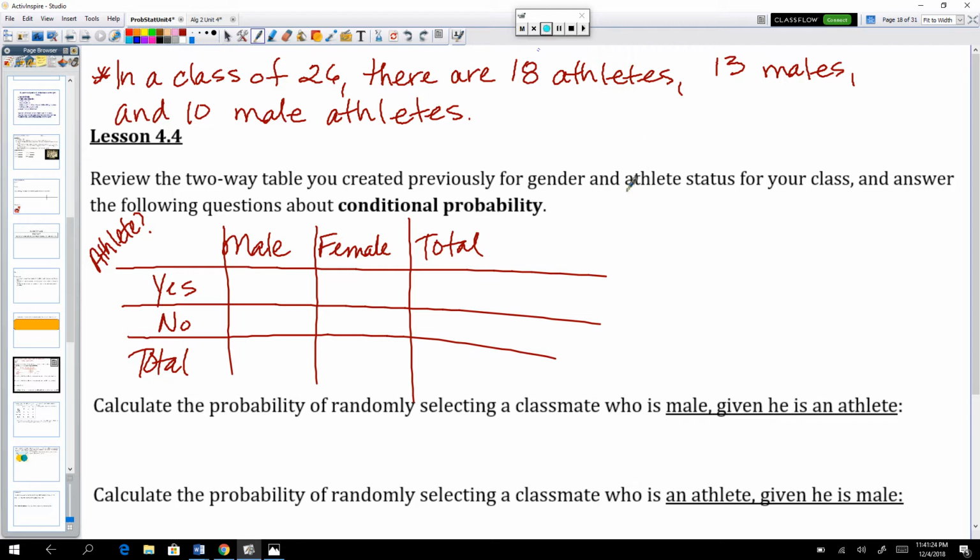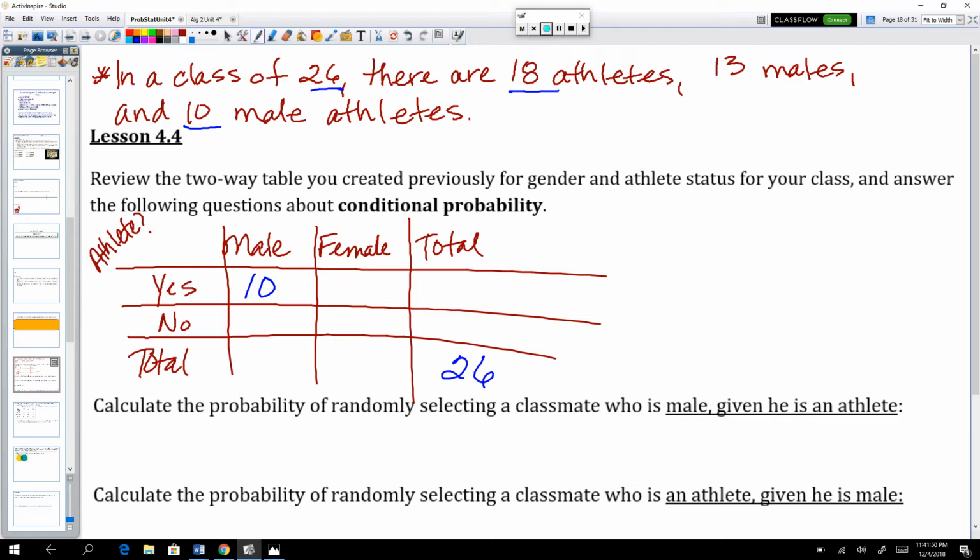You need to back into the two-way table by saying, okay, I know for a fact that there are 26 total people in the class. I know for a fact that 10 of them were both male and athletes. I know for a fact that there are 18 total athletes.